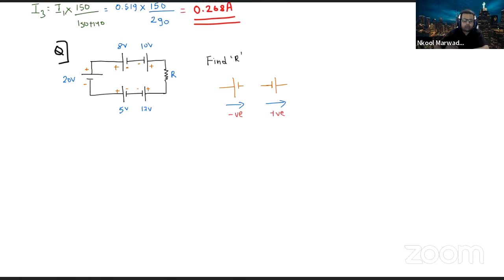So what will be the equation? Let us write it. Now 20. What will be the sign of the 20? Since voltage is rising, minus to plus, so it will be plus. For 8, the voltage is dropping, so minus 8. For 10, voltage is rising, so plus 10.